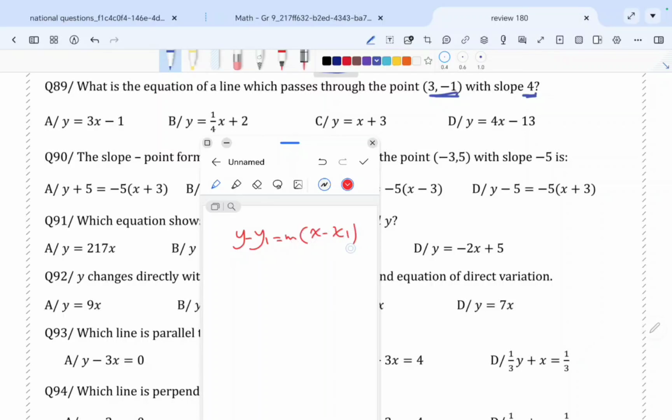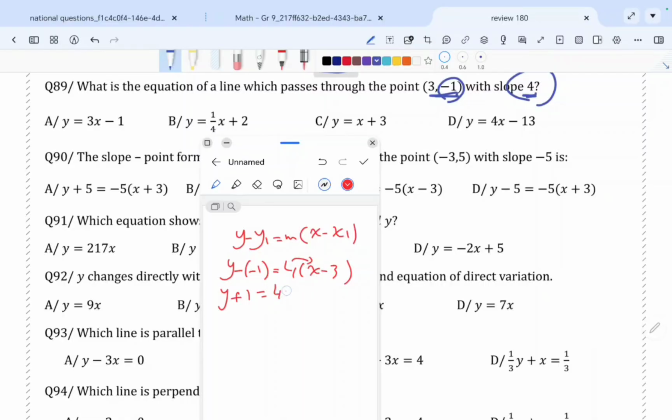What's the rule? y minus y1 equals m times x minus x1. Y1 equals negative 1, m equals 4, and x1 equals 3.